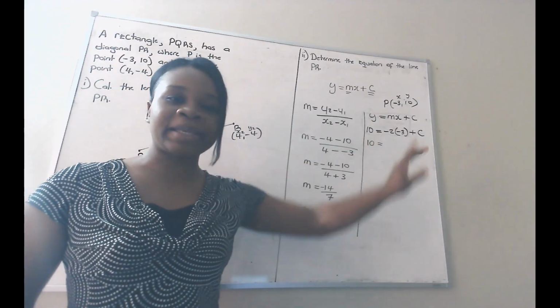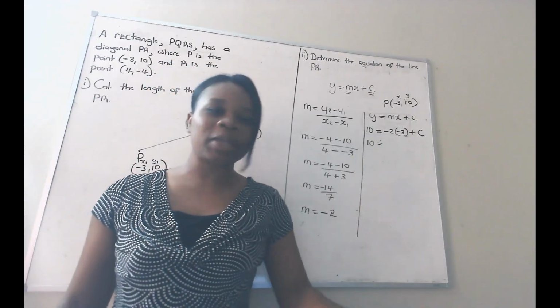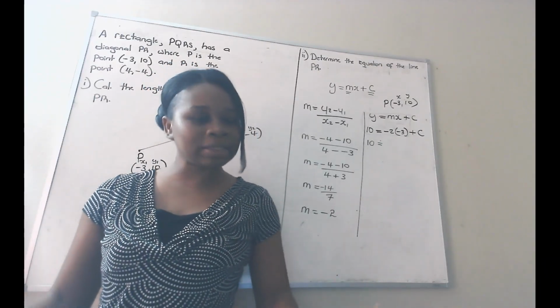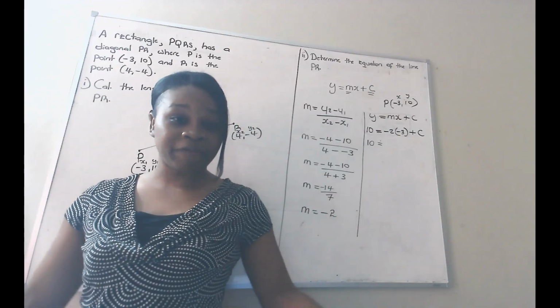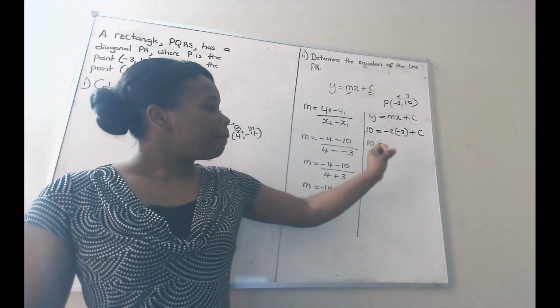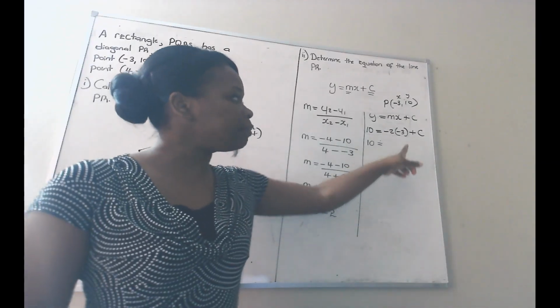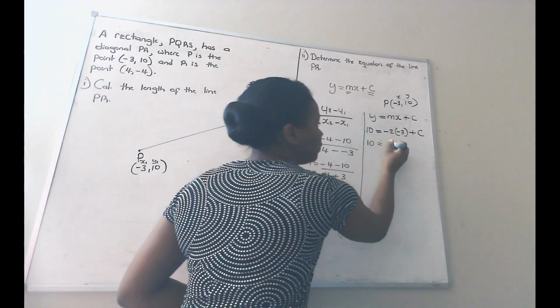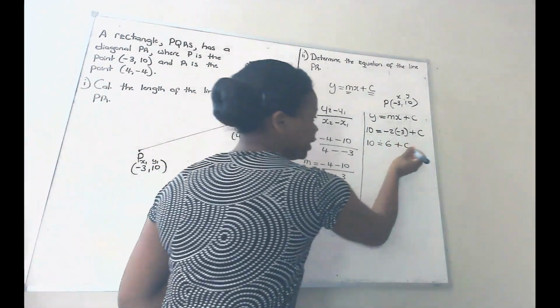Negative times negative is positive. We're not going to put a plus because we already know that a positive number is any number that has no minus in front of it. So negative times negative is positive. 2 times 3 is 6. So we're going to put 6 plus C.